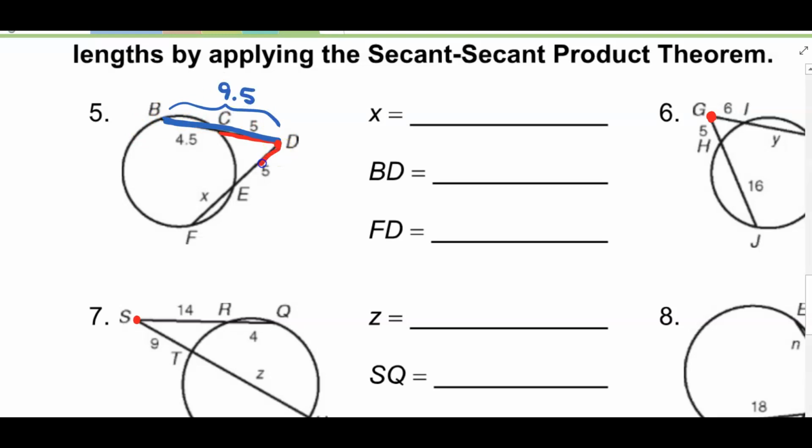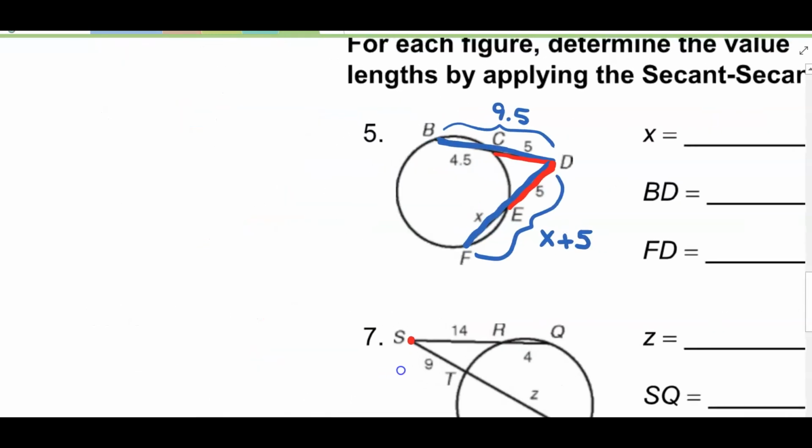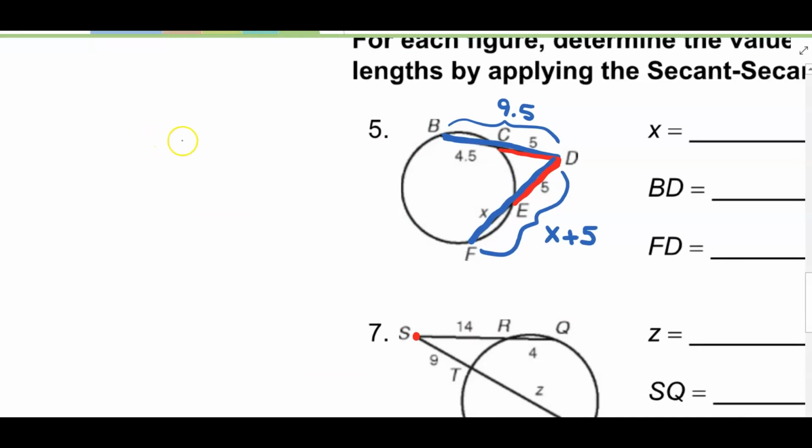On the other side, this outside is 5, and then that whole, all we know for sure is it's the combination, the sum of the x plus 5. Okay, so now we set up our equation. We have the outside of 5 times the whole of 9.5 is equal to the other outside 5 times that whole of x plus 5.